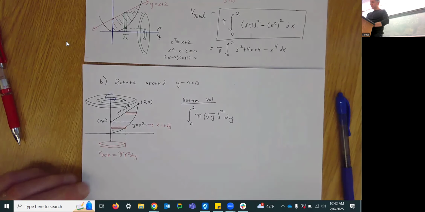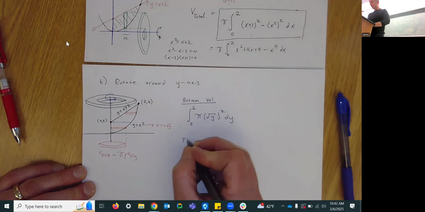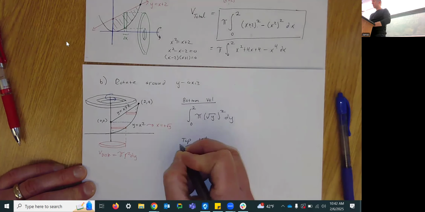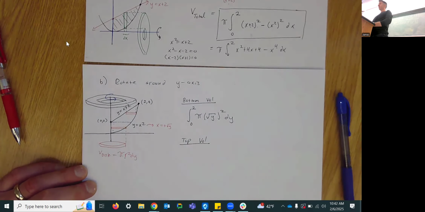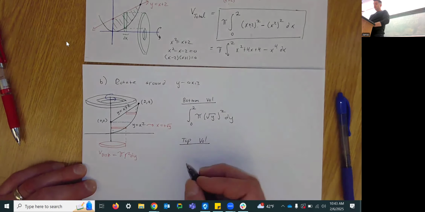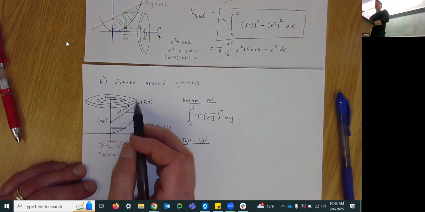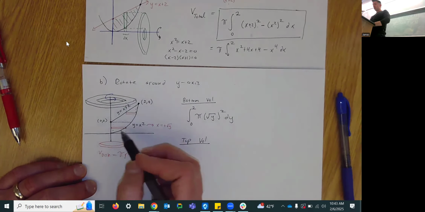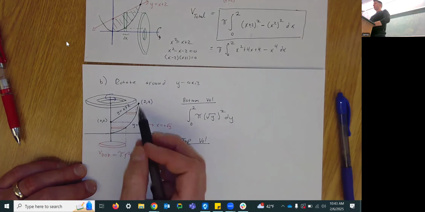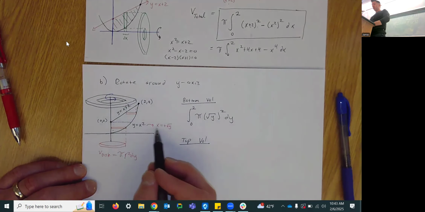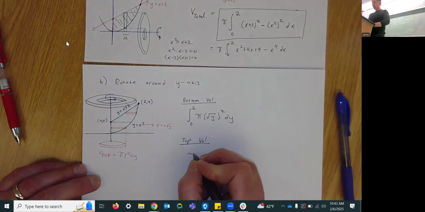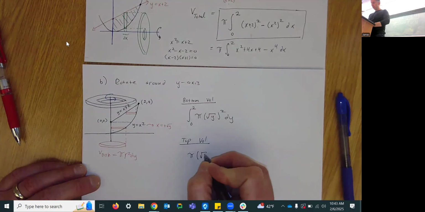And then for the top part volume, we're going to have to use the washer method. So for our outer radius, it's still the same function, this parabola, which we're thinking of as x equal to the square root of y. So it's going to be pi times the square root of y squared.